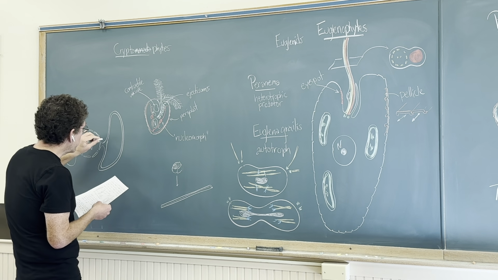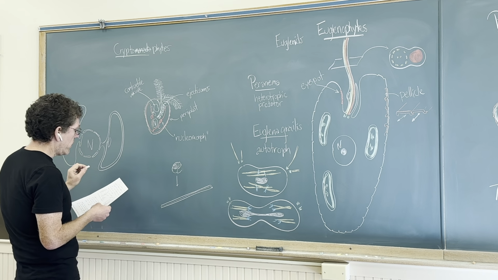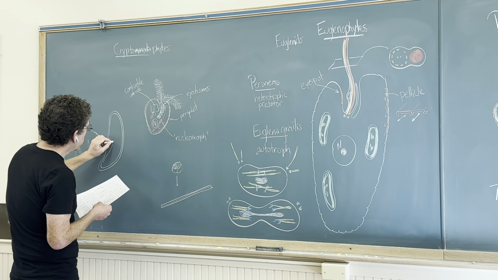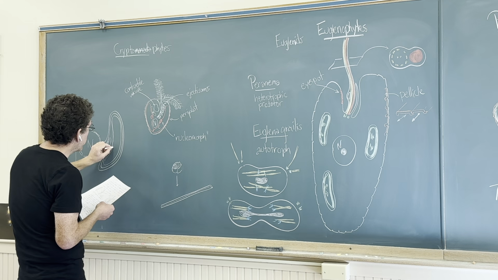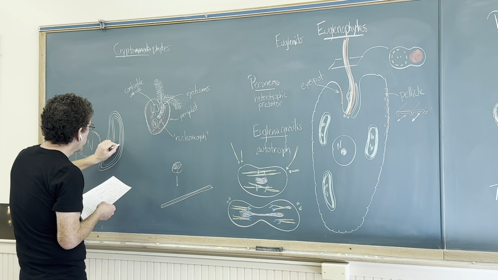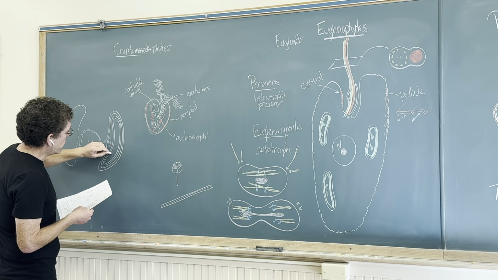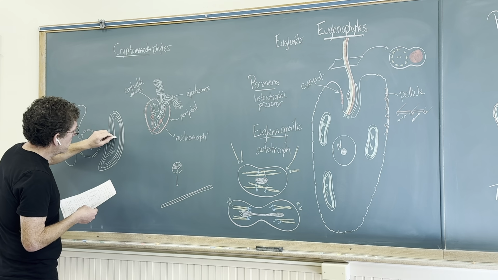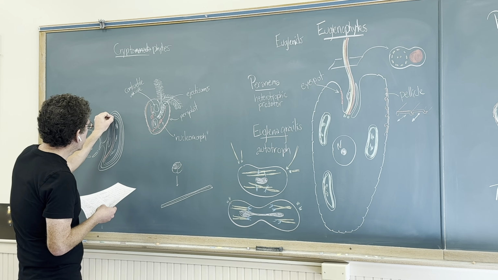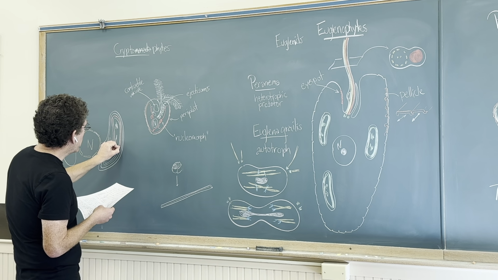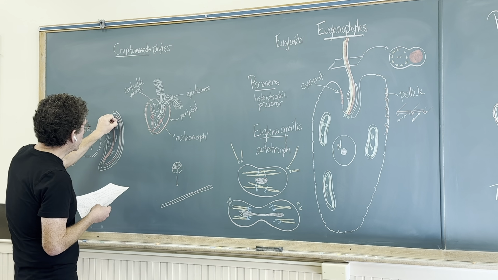Nevertheless, this nucleomorph is tucked in there like that, and then the chloroplast itself, let's not forget those thylakoids. It's this here that is the actual pigmented photosynthetic bit.